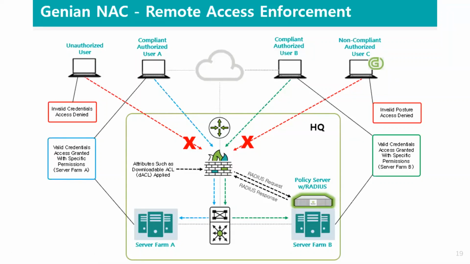However, following the least privilege access model, anyone who is compliant still should only get specific access. User A and user B maybe don't require the same amount of access. They shouldn't both have full access into the entire internal corporate network. So you still want to be able to assign least privilege access even for your remote users that are connecting to your network.